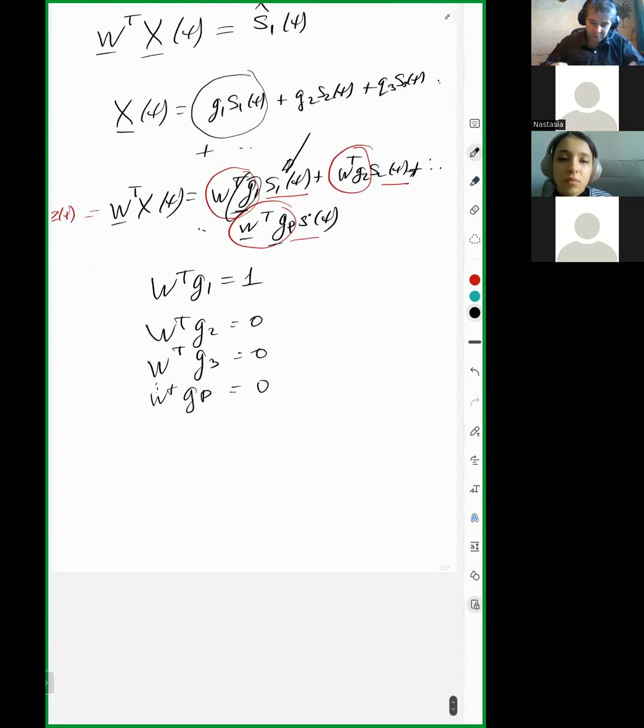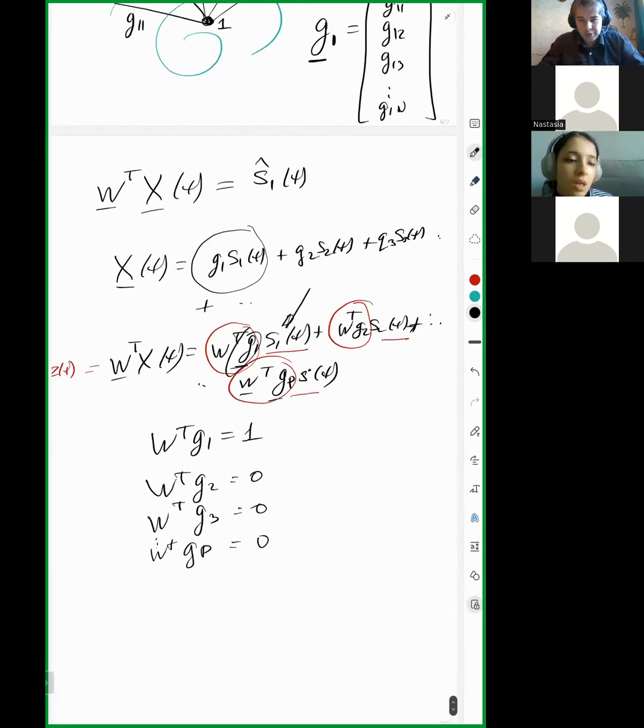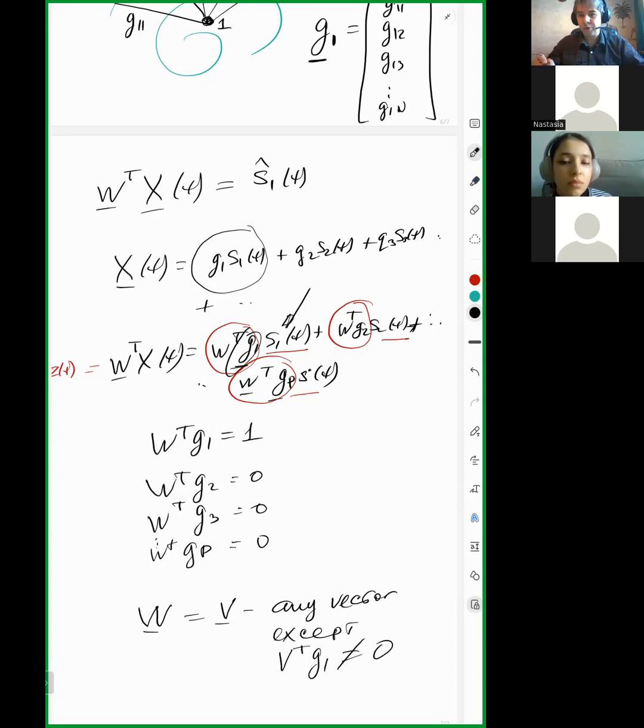Well, there is one possibility: you can take any vector except one that is orthogonal to this topography, and then scale it. You can just assume that your W is any vector V, except V transpose G1 should not be equal to 0.